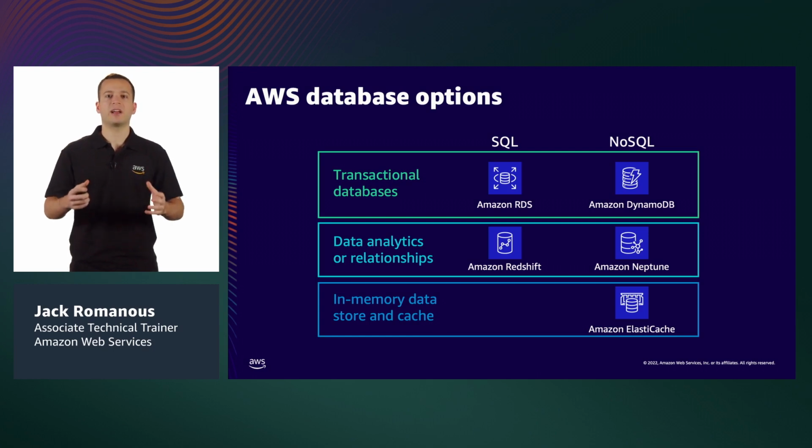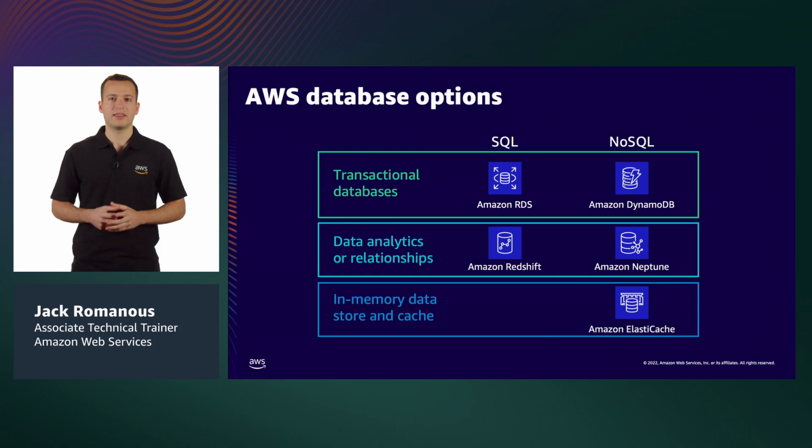SQL databases are great when needing to join tables, needing to perform complex analysis, or have a flexible yet complex querying. Maybe you know what your data looks like, but you don't know how you want to query it. NoSQL databases, on the other hand, can be extremely fast and provide low latency responses. They support ad hoc data structures and can scale differently to a traditional SQL-based database.